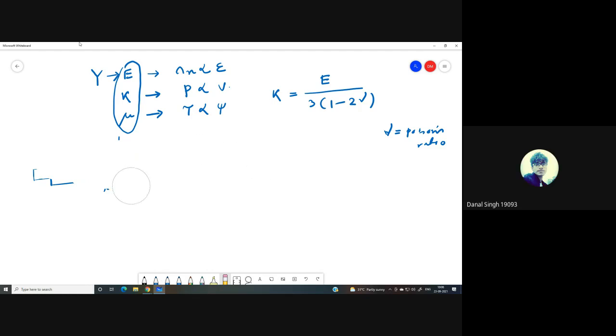So it would be delta B by delta L. Maybe I wrote it wrongly; it is delta B by delta L, of course. Okay, so that is my Poisson's ratio.